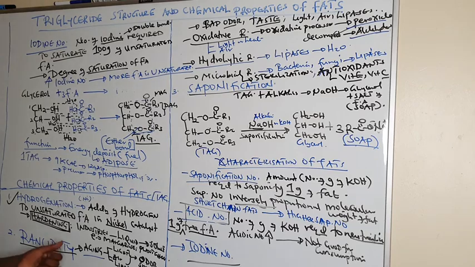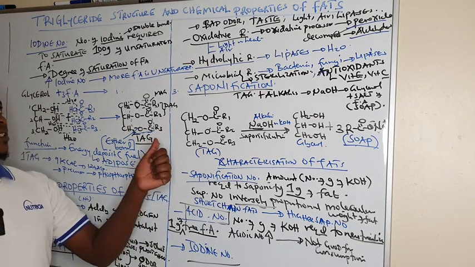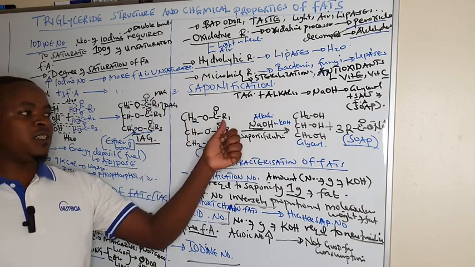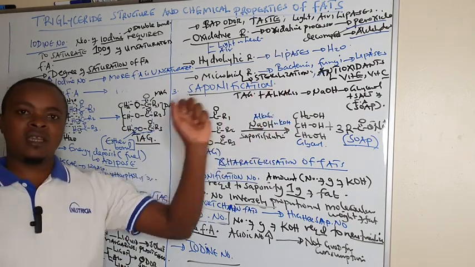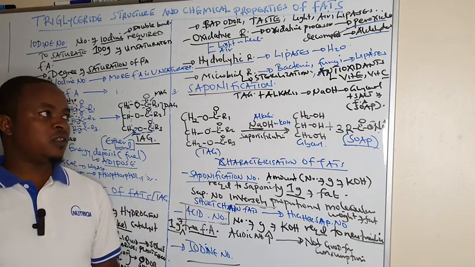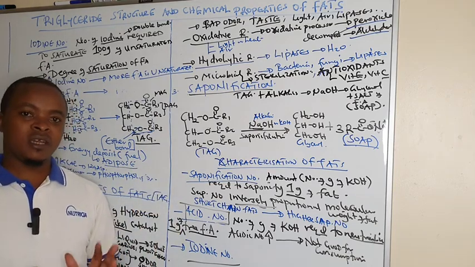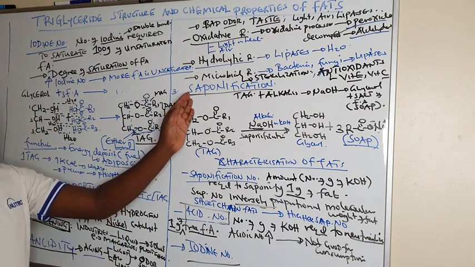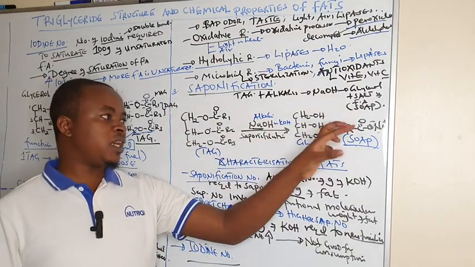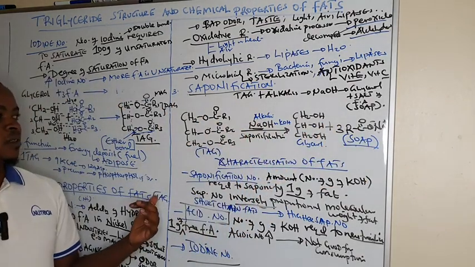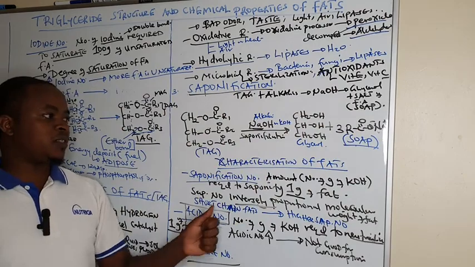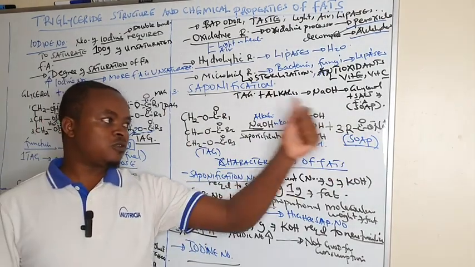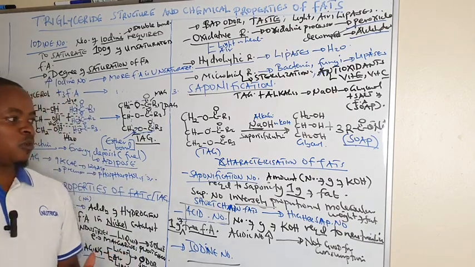Then rancidity, which is aging of fatty acids, is prevented by adding antioxidants like tocopherol, vitamin E, and ascorbic acid, which is vitamin C. Then we have looked at saponification, how commercially we can prepare soap using fats in the presence of alkalis, forming glycerol and salt of fatty acid, which is soap.